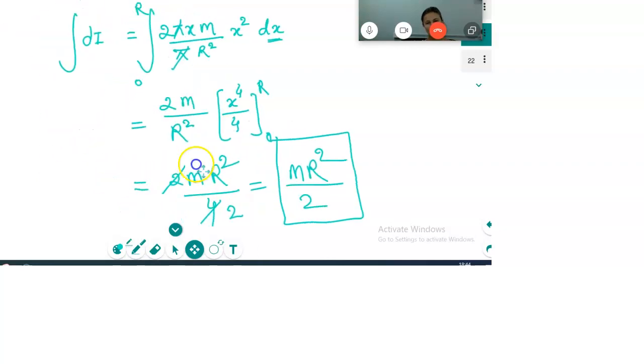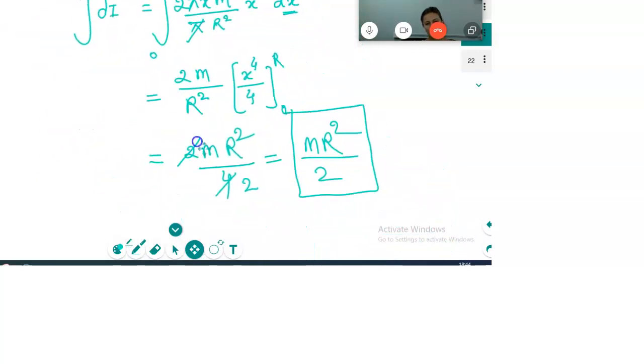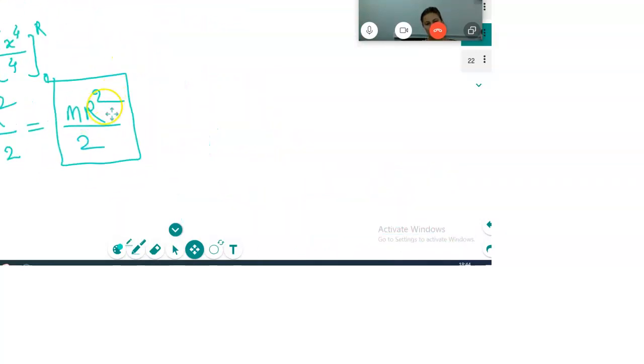Now look here. So many things are there. Like a sphere. This is the sphere. Then we will divide the sphere into disks, then use the disk formula. Let us say this is a solid sphere.